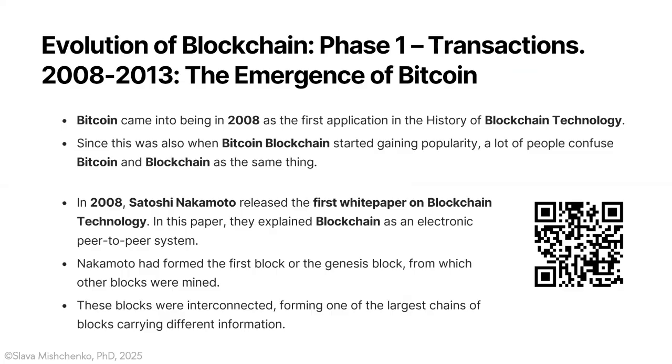For the first time, we had a way to transfer value digitally without any intermediaries. And the genesis block, that is what we call the first block Nakamoto created, was just the beginning. And from there, other blocks were mined, forming one of the largest chains of blocks in existence.